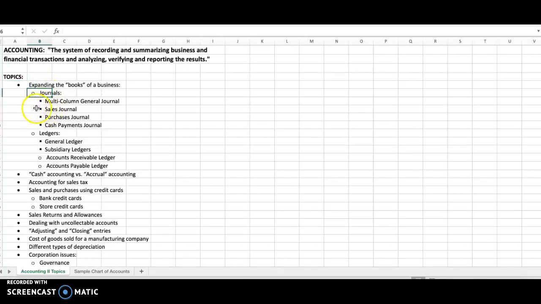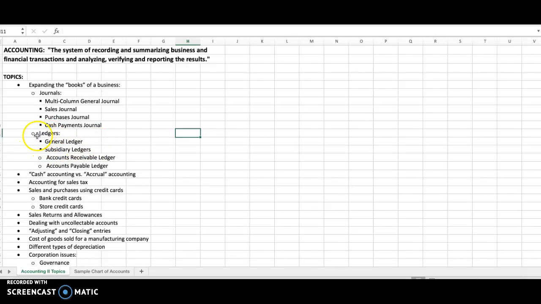First of all, journals. We will see something called a multi-column general journal, a sales journal, a purchases journal, a cash payments journal. So these are additional books based on the general journal, but we'll see why many times businesses like to use these types of journals.